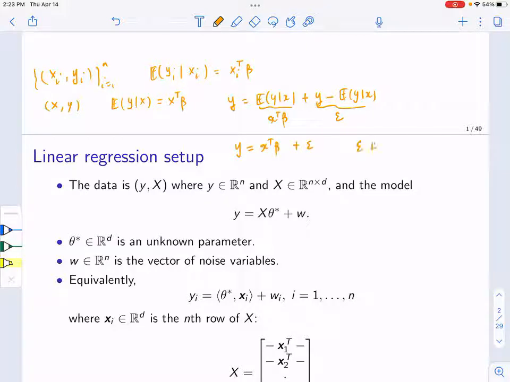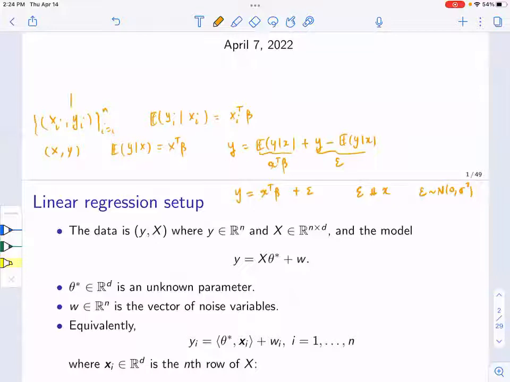Epsilon is independent of x. And usually you assume it to have a certain distribution. For example, we could have a normal distribution. And then these guys are from the same model, so we would have xi transpose beta plus epsilon i, and the epsilon i's are independent of xi.